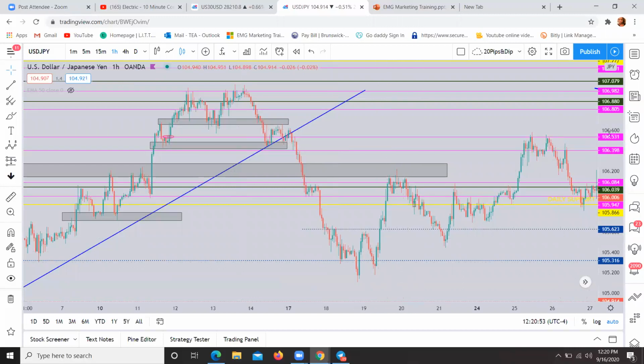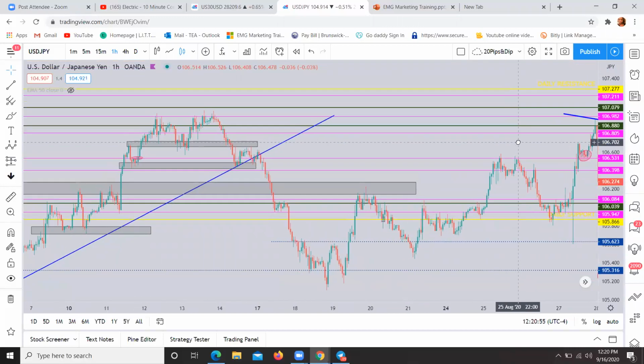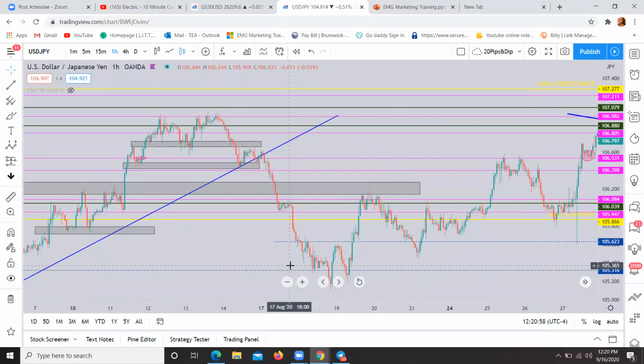I trade market structure, so the easiest way for me is doing an analysis on multiple time frames. The yellow lines are what I found on the daily time frame. The green lines are the key levels I found on the 4-hour, and the fuchsia lines, the pink lines, are the ones I found on the 1-hour.